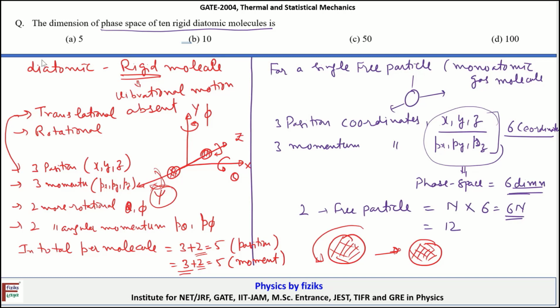Let me introduce a page here so that I can describe it properly. In total we require 5 plus 5, that is 10 coordinates, of which 5 are position coordinates and 5 correspond to momentum.